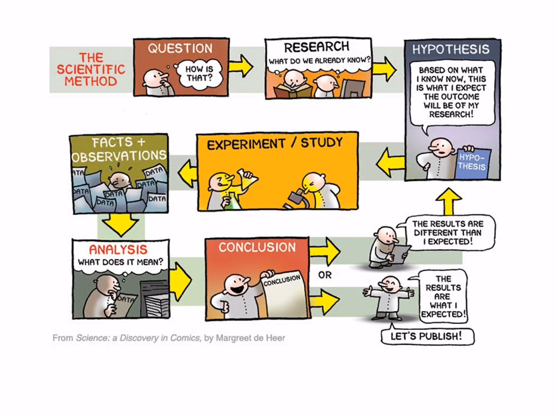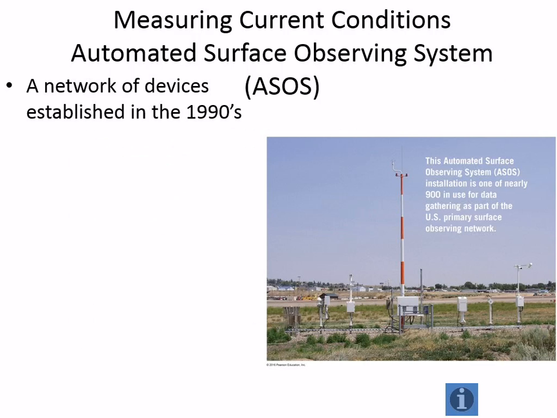This next one is supposed to be kind of a funny little thing: start out with a question, do research, hypothesis, experiment, study, facts, observations, analyze, conclusion, and then you emphasize this: did it work or didn't it work? All right, so that was what I wanted to say about the scientific method.